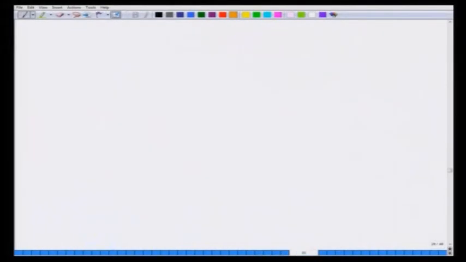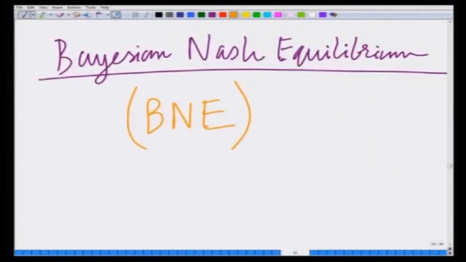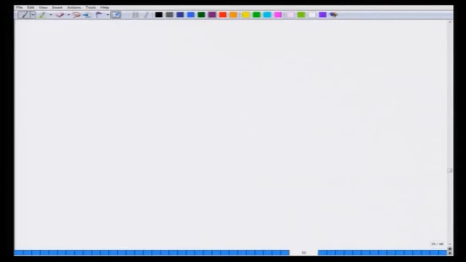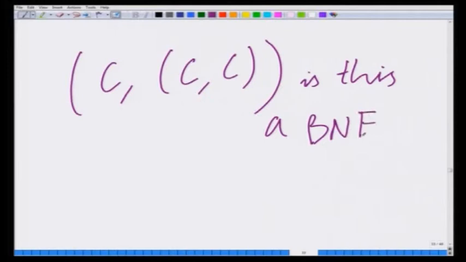So, CC. Let us check if C comma CC is a Bayesian Nash equilibrium. Remember, in a Bayesian Nash equilibrium each player is playing his or her best response.